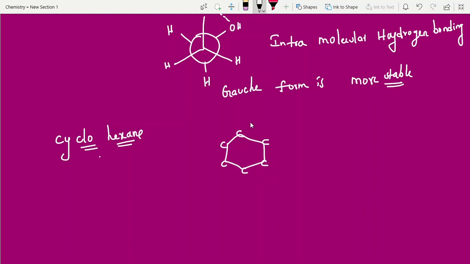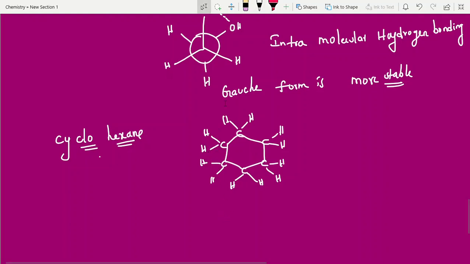Each carbon has 2 hydrogens. If it is a ring structure, we draw it like this. But why is cyclohexane more stable? It exists as a chair form. See, I am showing the chair form here.